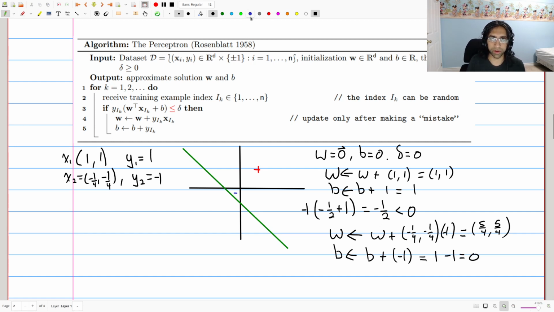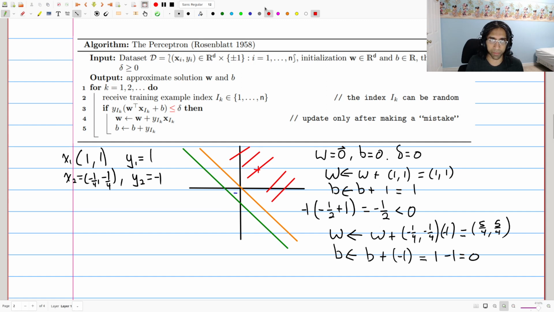Now what would this look like in terms of being on this plot? Well, this would look something like the following. Okay, I didn't draw this very well. These should be parallel, but yeah, something like this. Anything above it is going to be plus classified and everything below is minus classified. And you can see that it went from something which made a mistake on this point to now, once again, something that correctly works.